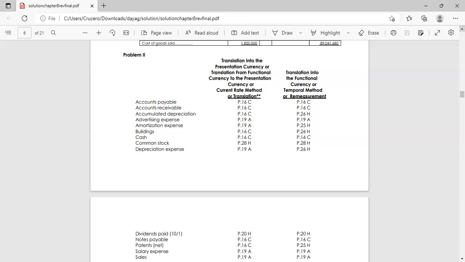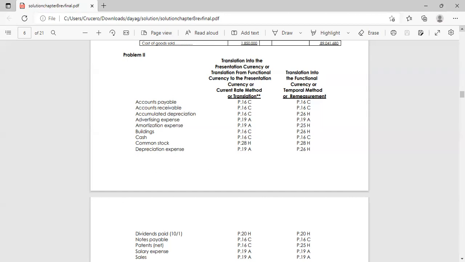So we have method number 1, which we call the current or the closing rate method, and method number 2, the remeasurement or the temporal method. For the balance sheet accounts, you have to classify your monetary assets and liabilities. For method 1, for the monetary assets and liabilities, you are going to use the current or the closing rate.